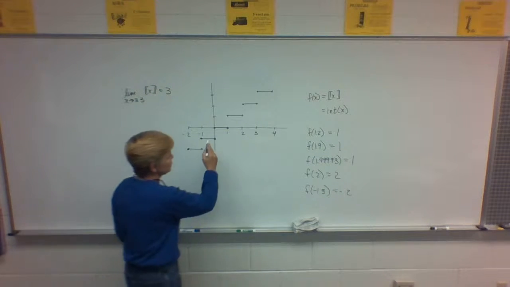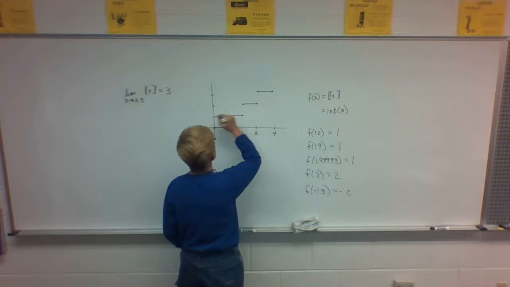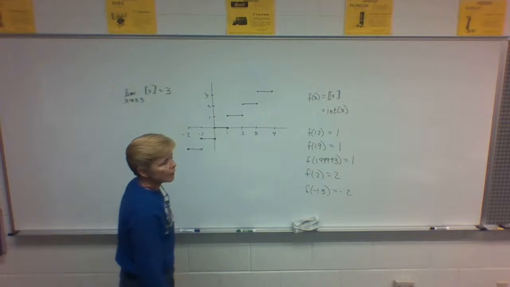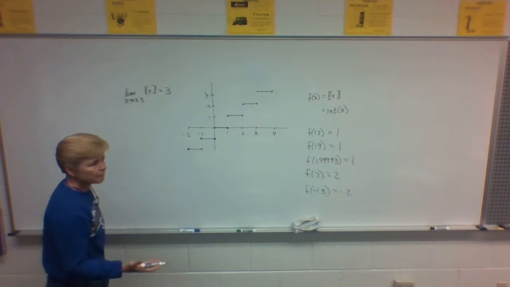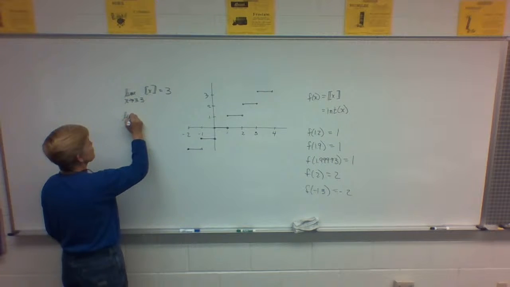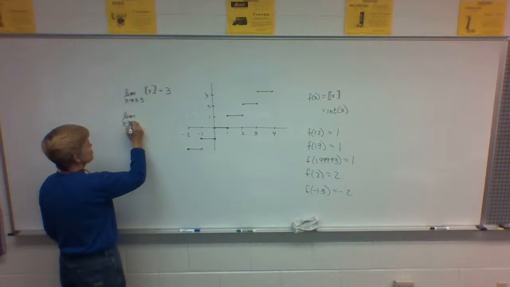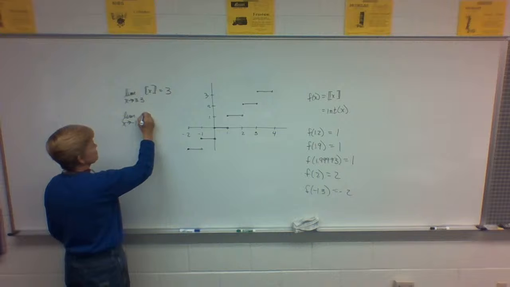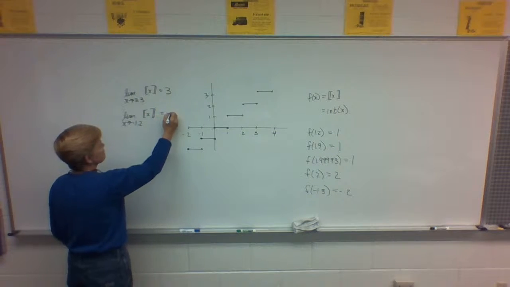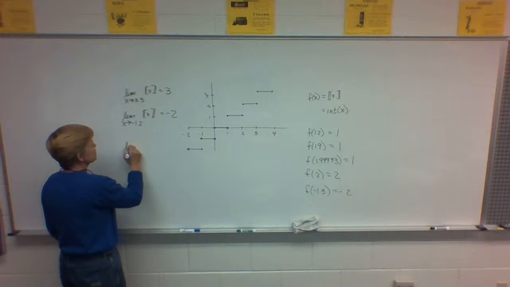Isn't that true? You go out here to 3.3, you go up here, that's at 3. Okay, direct substitution, that was easy. So what's the limit as x approaches negative 1.2? Is it negative 2?